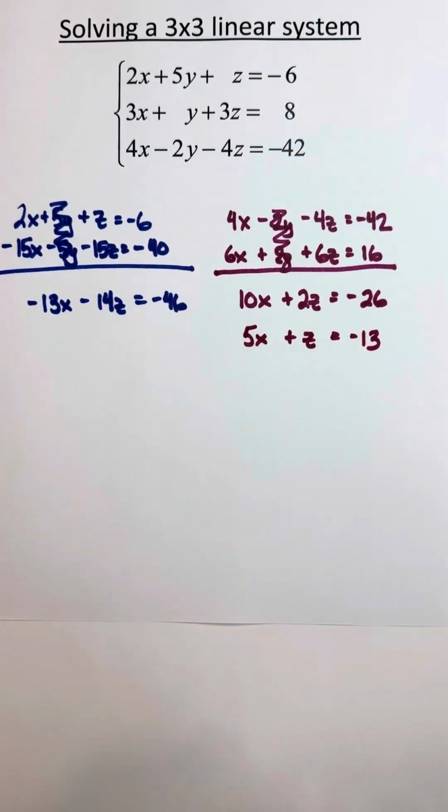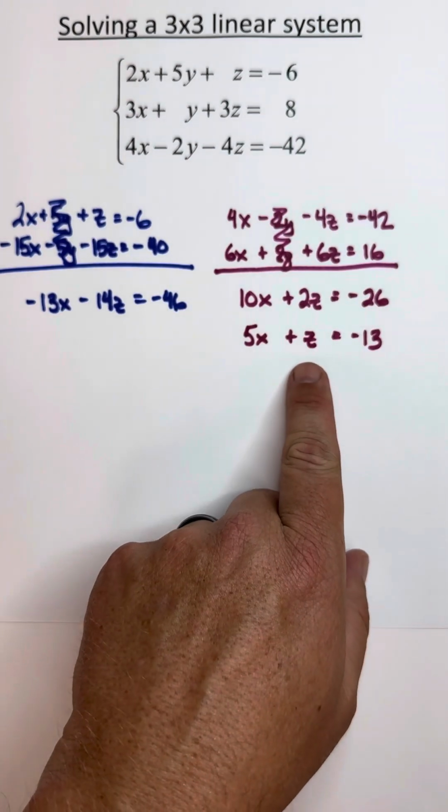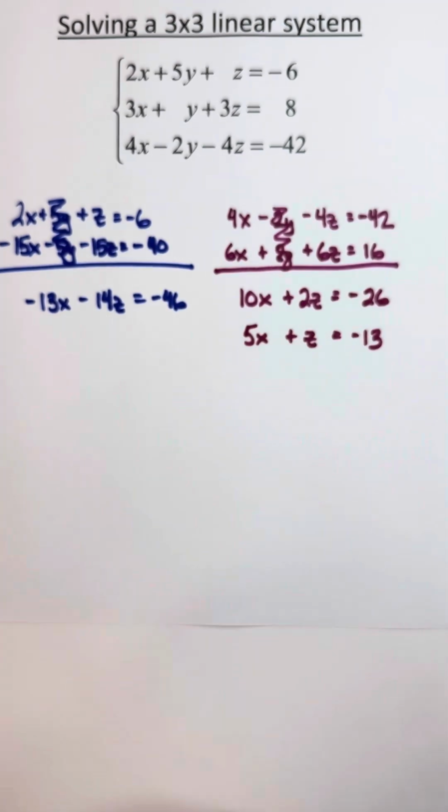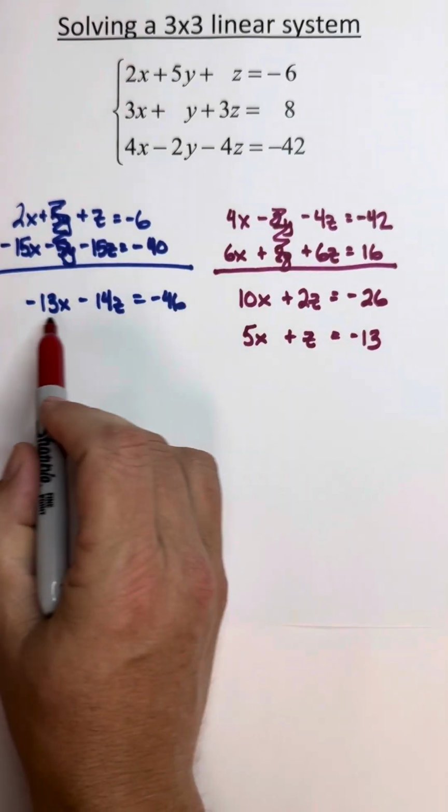Okay, now we've got to put those two equations together and try to get either the x's or the z's to cancel out. Because I've got a z equals 1 on this equation, we're going to try and get rid of the z's. So I'm going to leave this equation just as it is.